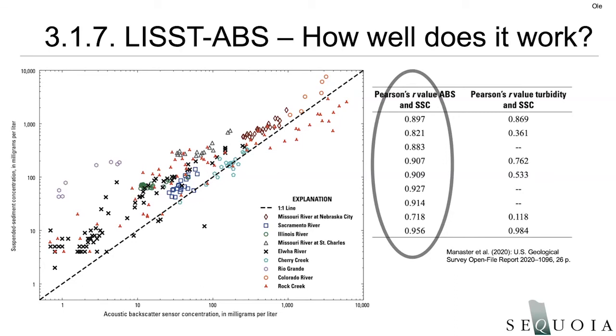And that's not really extremely surprising, because in rivers, when you have relatively low concentration, you also often don't have very large particles, because you require some current and some flow in order to keep large particles suspended. So what you have left at low concentrations is really mostly the wash load, which the turbidity sensor is better at seeing than the ABS, because the turbidity reacts better to fine particles, whereas the acoustic backscatter sensor reacts better to the larger particles.